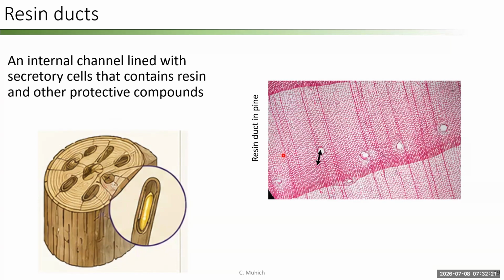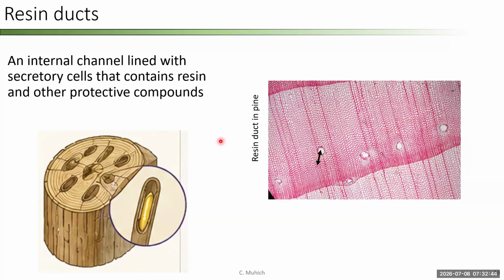And so here we have on the right a cross section of a pine tree, and we can see these resin ducts within this structure. There's the secretory cells lining the pore or the duct. They're going to then fill that duct with the compounds.